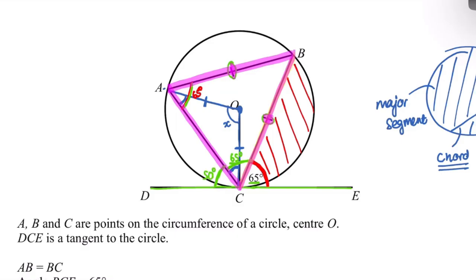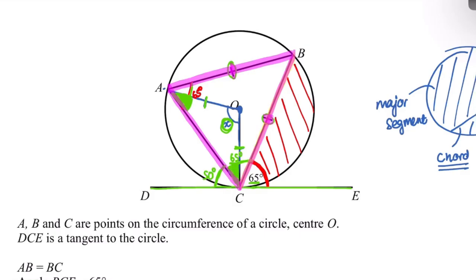Okay. Now, you need to work out this x over here. And to work out x, you have a small isosceles triangle over here as well. You need to work out the size of these two angles that are in green, because both of these angles are going to be the same.